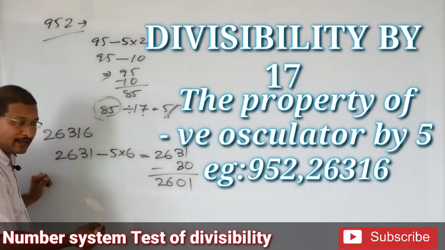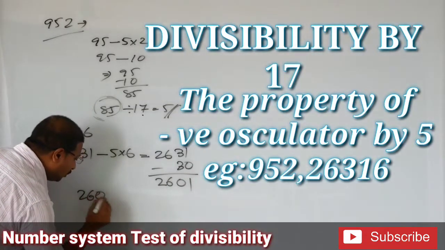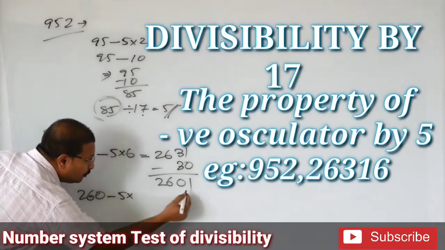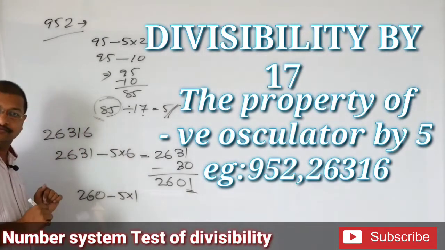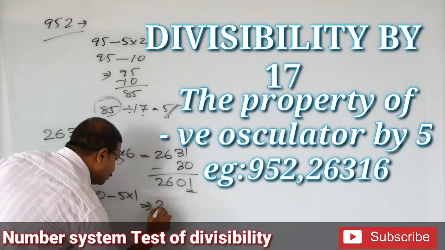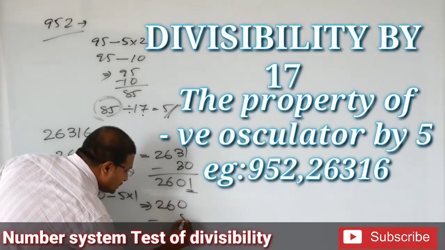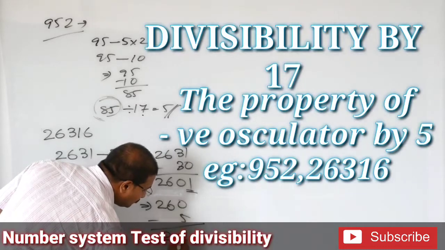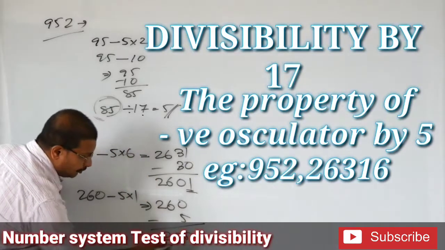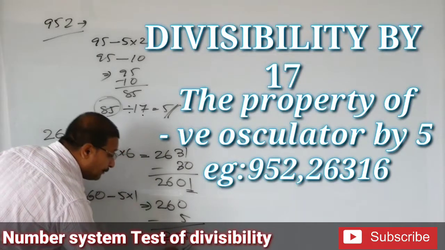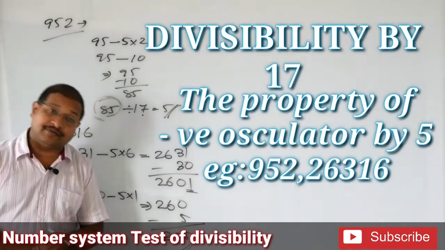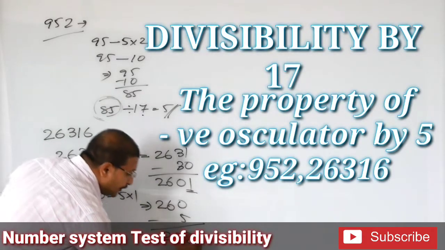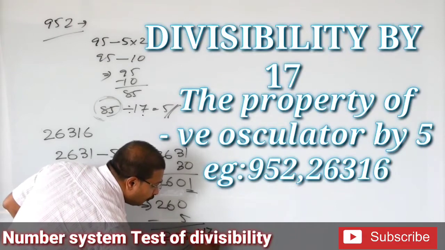Again we will try one more time. 260 minus 5 into 1. That means 260 minus 5, which gives 255. I hope you can understand. Check it: is 255 divisible by 17? Yes, because if you divide it by 17, you get 15.